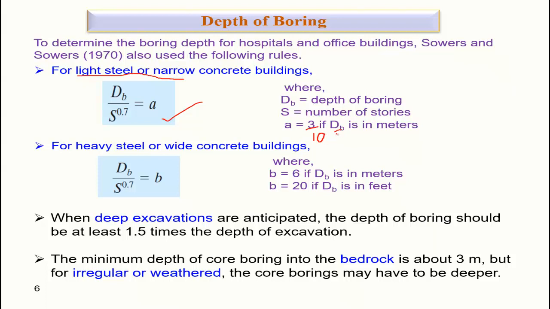For heavy steel or wide concrete buildings, similarly you consider an empirical coefficient b, only b is changing. For b you consider 6, just double actually, and for feet you consider 20, in meters you consider 6.